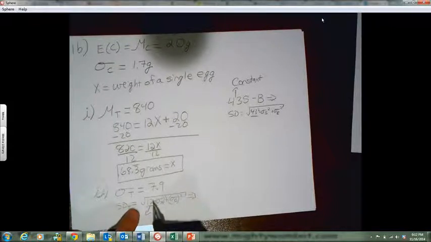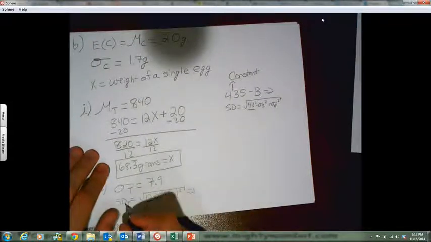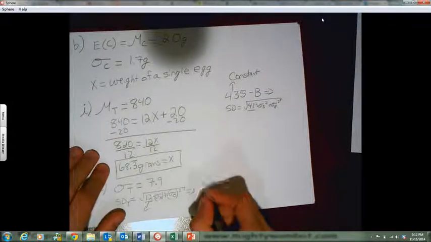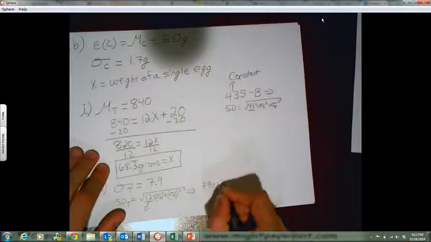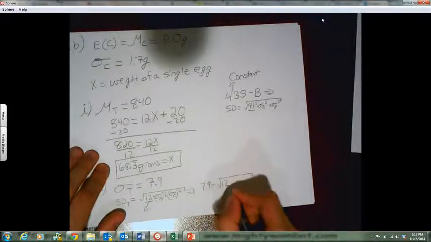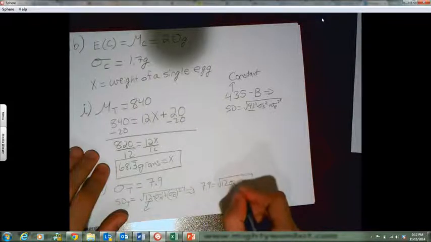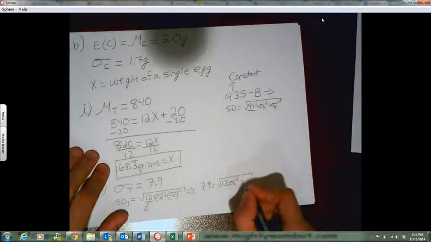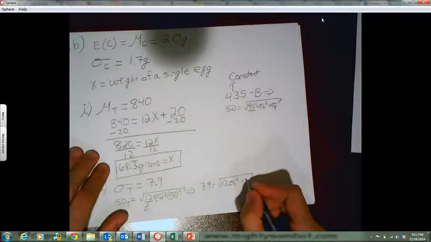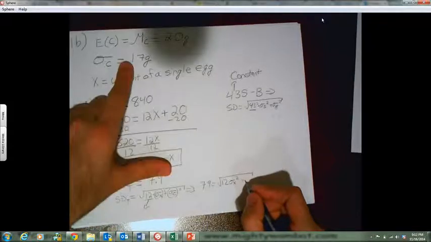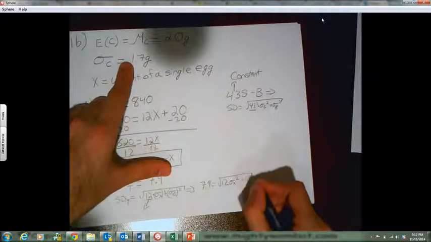Now this problem is solvable. I have standard deviation of the total, 7.9, equals the square root of 12 times standard deviation of X squared, which I have no idea, plus the standard deviation of the carton, 1.7, squared. How do I solve this? Well, I'm going to square both sides.